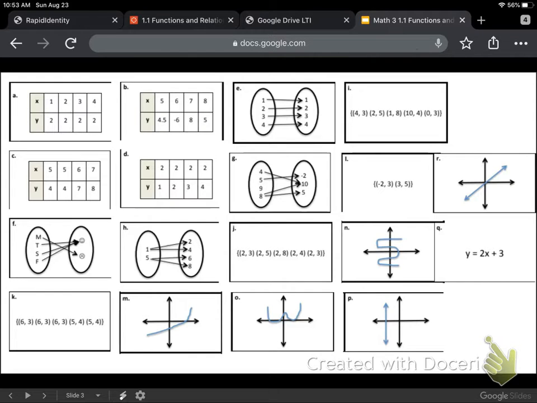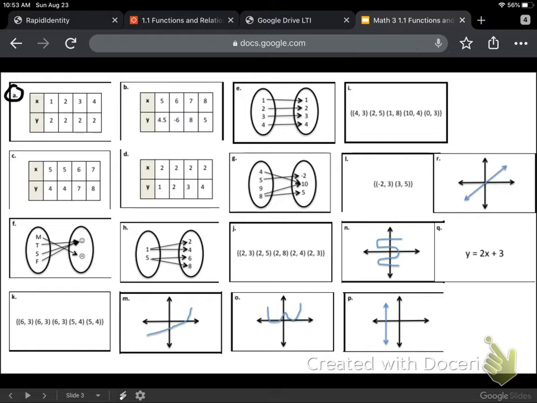So let's start with A. The thing to remember is that a function relates one input to one output.